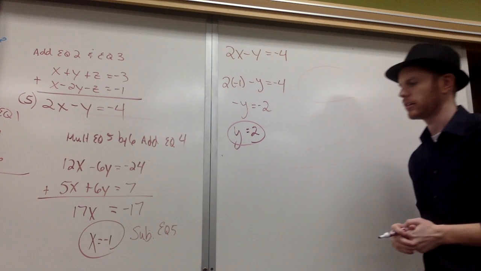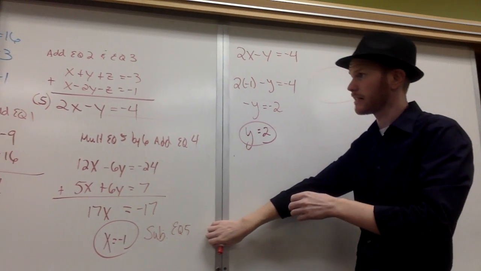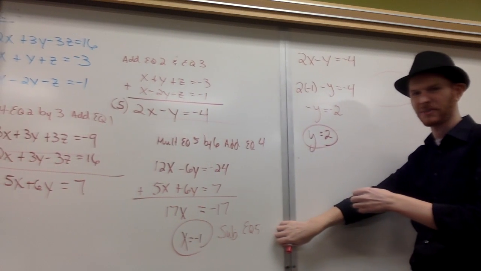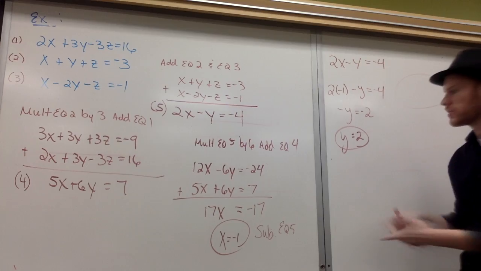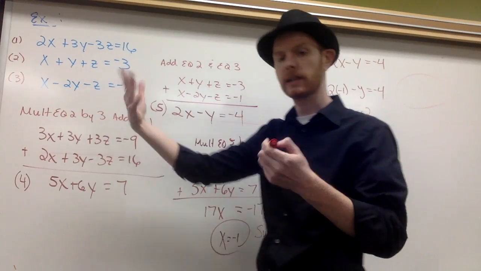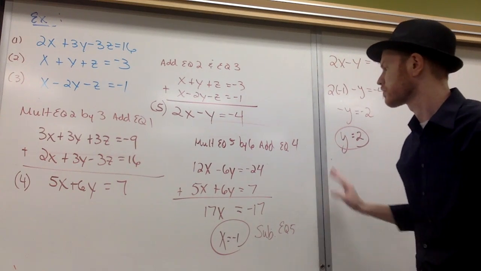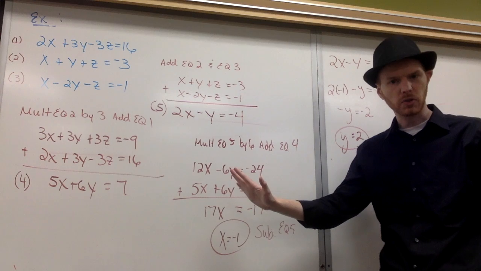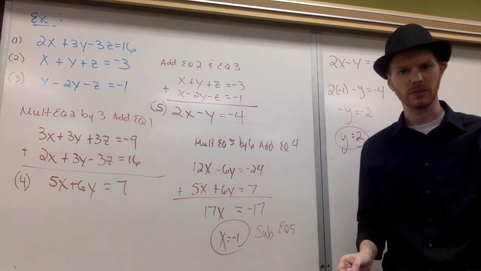All right, now I want to make sure I can fit the whole thing in this screen. So now what I got to do is take both of these guys and plug it back into an original equation to find z. Okay? And it's always your choice. I think that's the beauty of these problems. There are so many ways of solving it. What you do might be different than the person next to you solving it. All right?